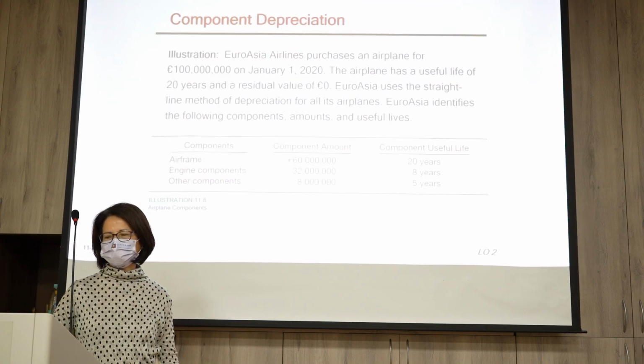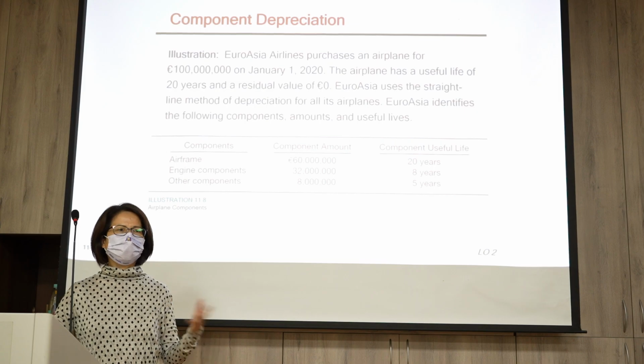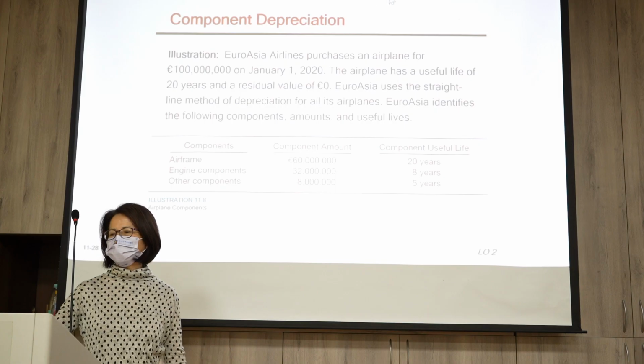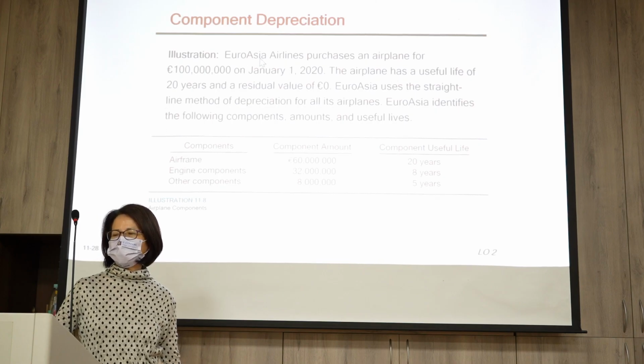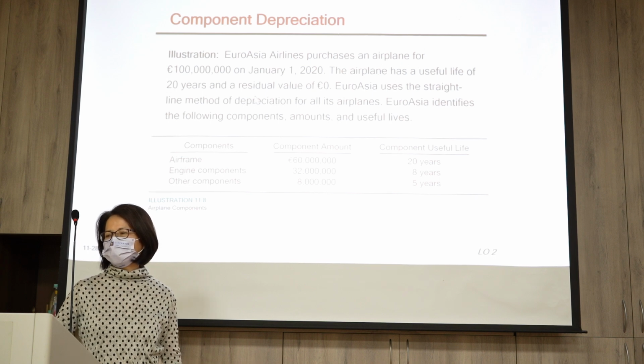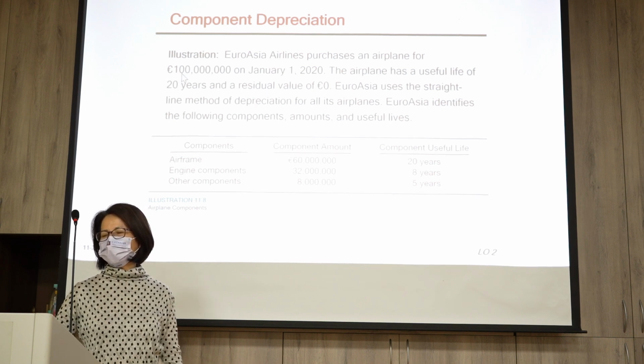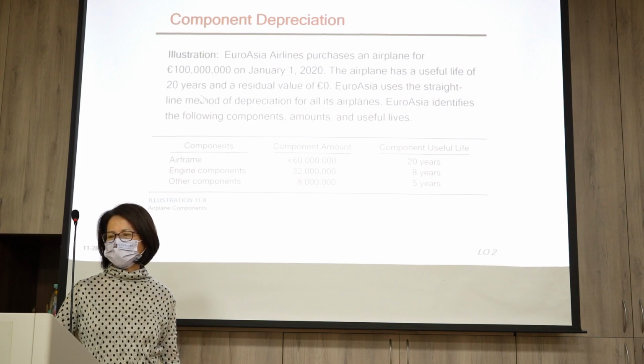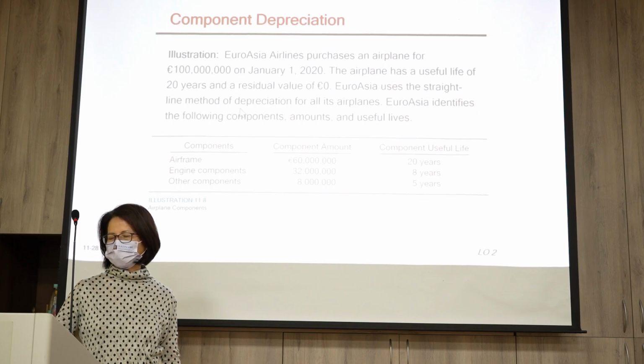You just put the different components into the calculation. For example, EuroAsia Airline purchased an airplane for 100 million on January 1st, 2020. The airplane has a useful life of 20 years and a residual value of 0, and it used the straight line method of depreciation for all its airplanes.